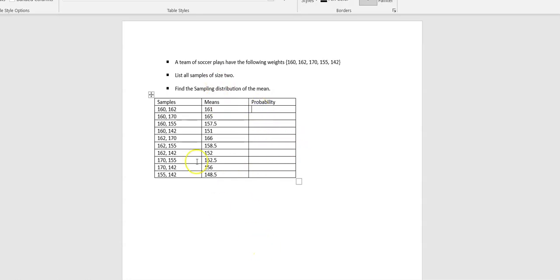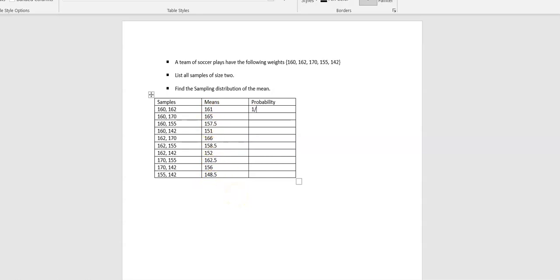All right, so now we list out here the probability of each one. Now, we're assuming that when we randomly selected samples of size 2, they were all equally likely to be chosen. So the probability here, there are 10 different means, and let's notice they are all different.